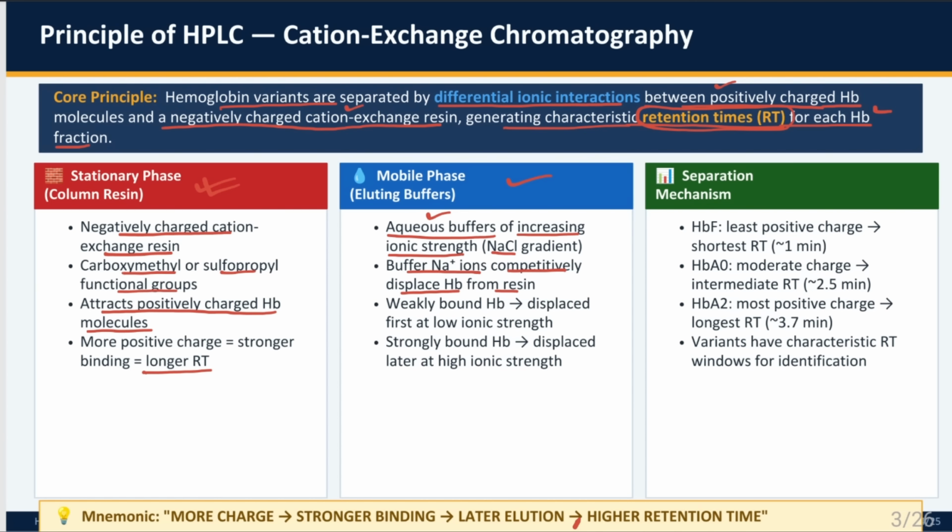The hemoglobin that was initially bound to the cation resins, now the sodium ions will come and compete with hemoglobin fractions for the cation resins and will bind to them. Thus, the weakly bound hemoglobin will be displaced first at low ionic strength of sodium chloride, and strongly bound hemoglobin fraction will be displaced later at high ionic strength of sodium chloride.